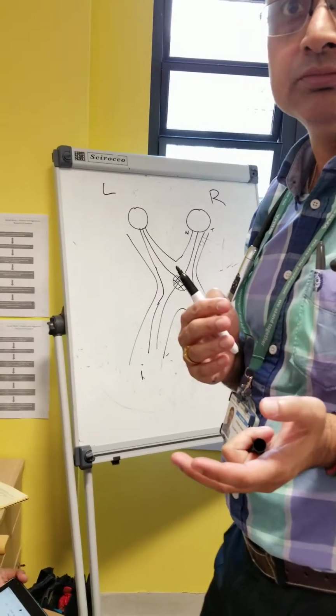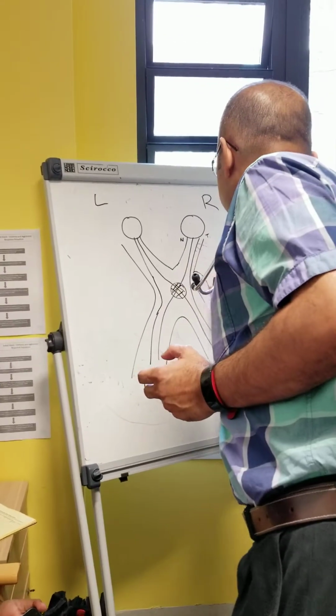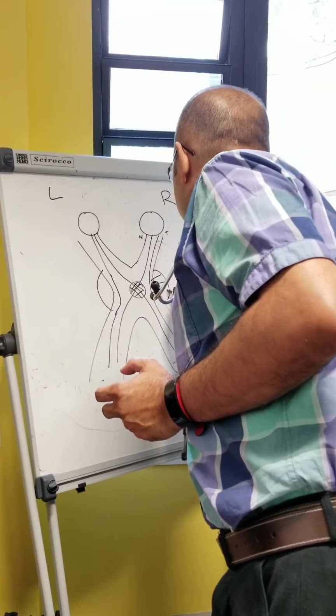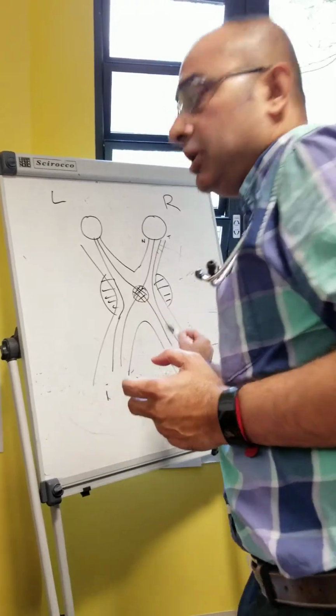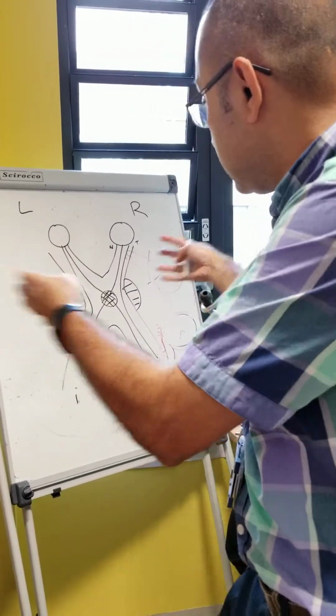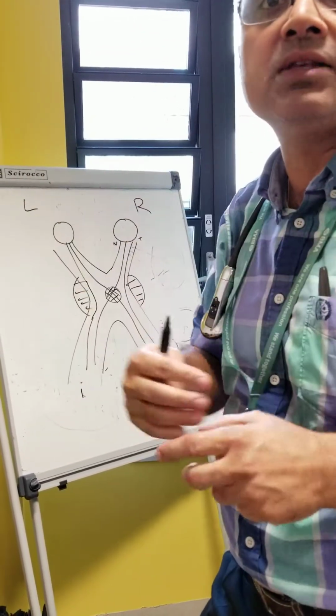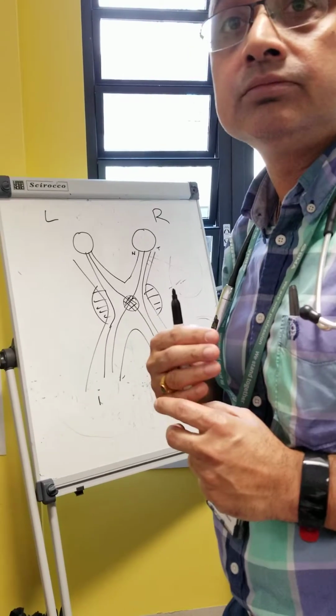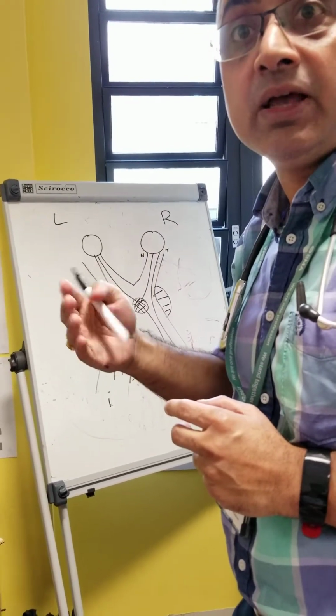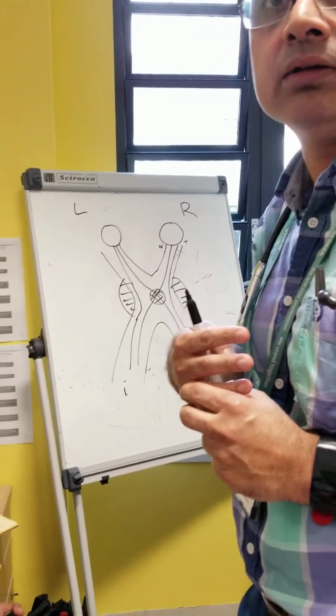Bitemporal hemianopia. Whereas if there is a tumor by the side, which is pressing on the chiasm, what will be the symptom? Binasal hemianopia.